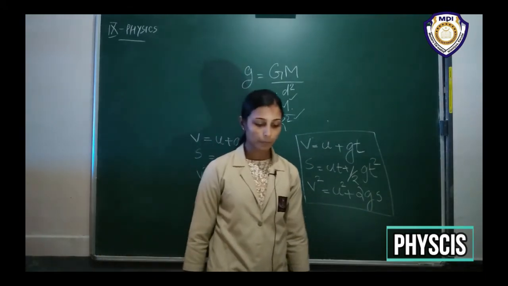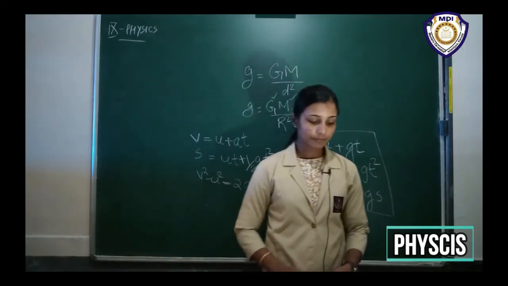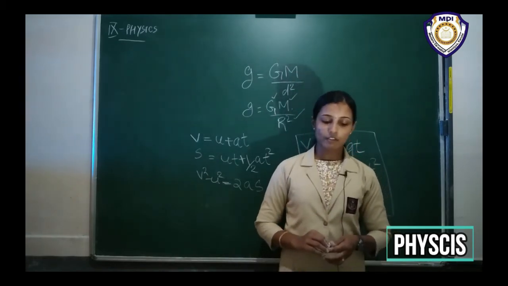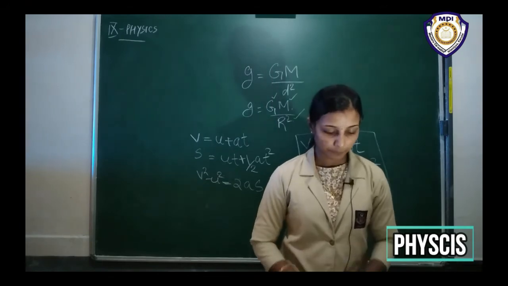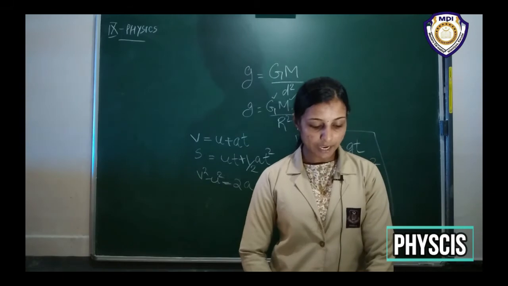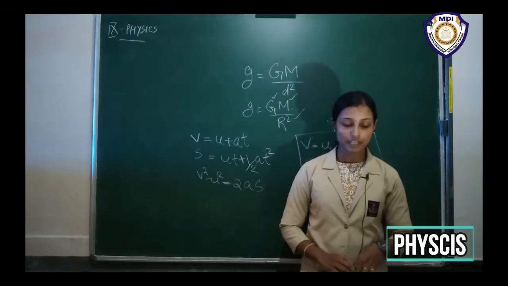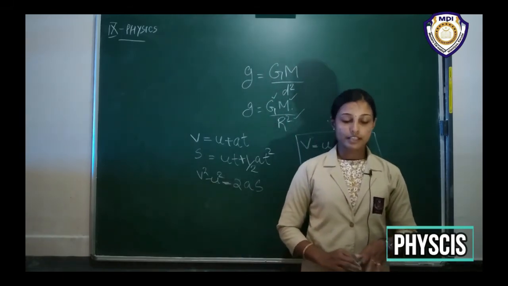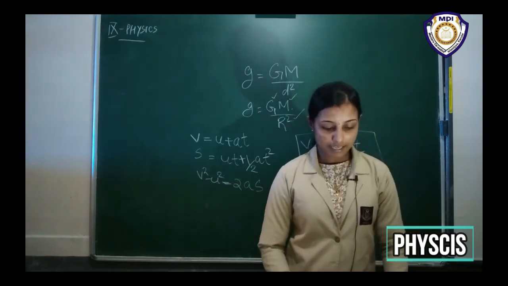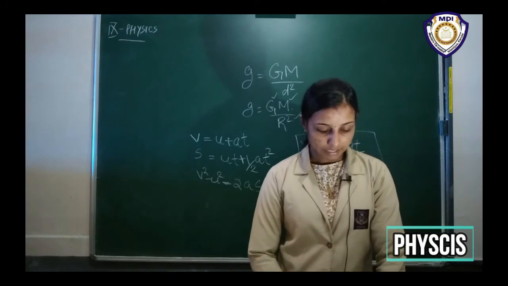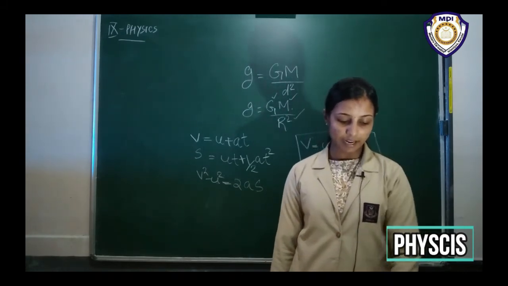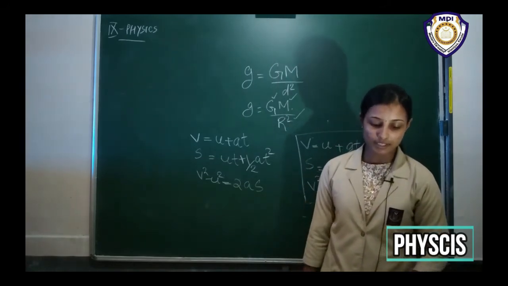Here u and v are the initial and final velocities, and s is the distance covered in time t. In applying these equations, we will take acceleration a to be positive when it is in the direction of velocity, that is, in the direction of motion, and the acceleration a will be taken as negative when it opposes the motion.